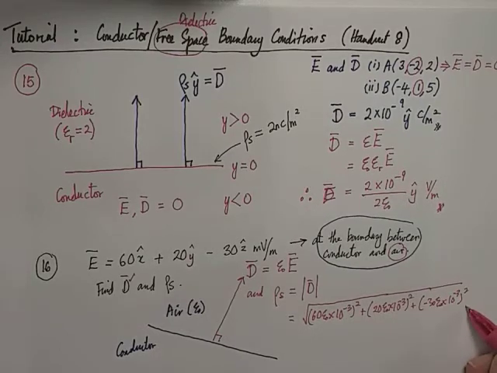That should be our rho S. Remember to write the unit as coulomb per meter squared. That's how we answer question number 16.